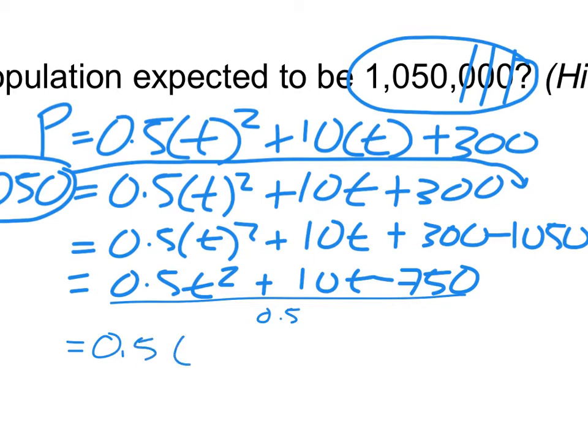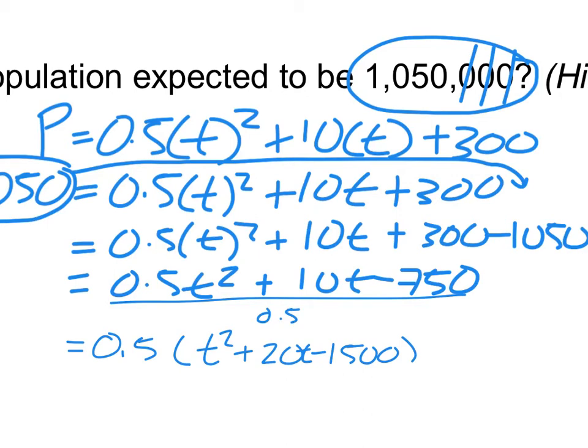Put your brackets, and then start reducing your equation. So 0.5 divided by 0.5 is 1. 10 divided by 0.5 is 20. Negative 750 divided by 0.5, we're going to double that. So that's negative 1,500. Oh, forgot the t with that 20.